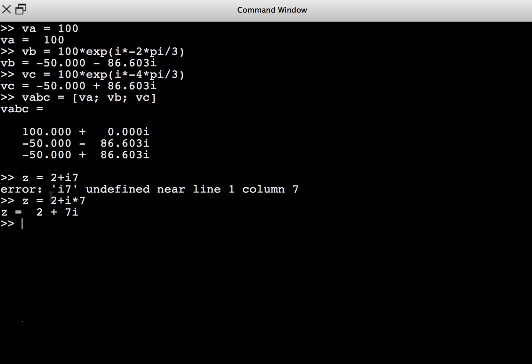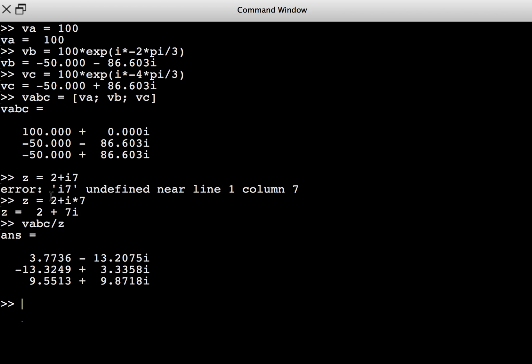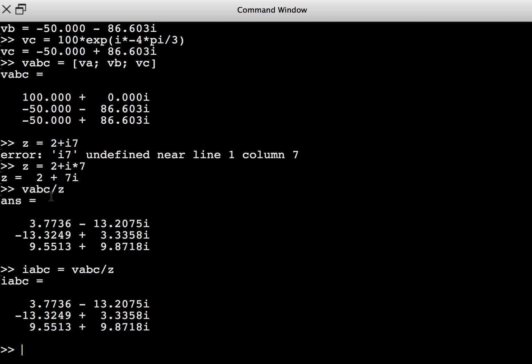So Z is also defined. So VABC divided by Z. Here it will just divide all the elements, and what I am getting now is all the currents. So let me call this IABC equal to this. So these are the load currents at the phase side.